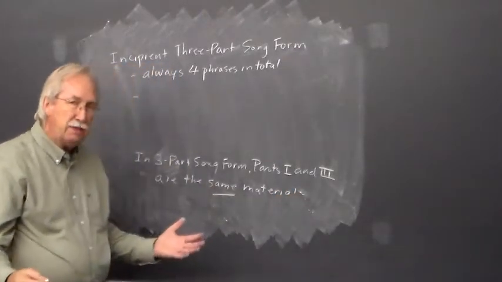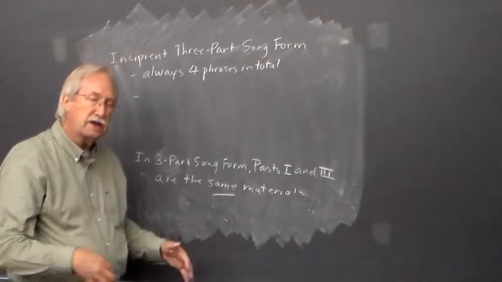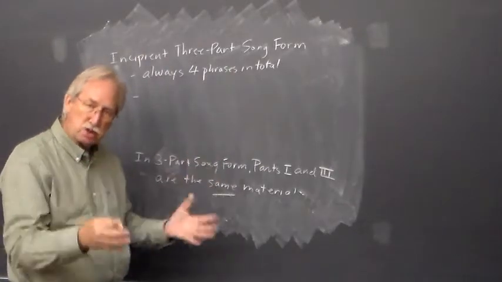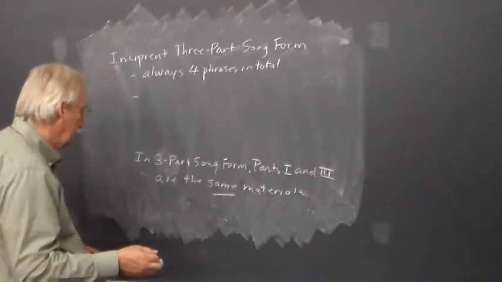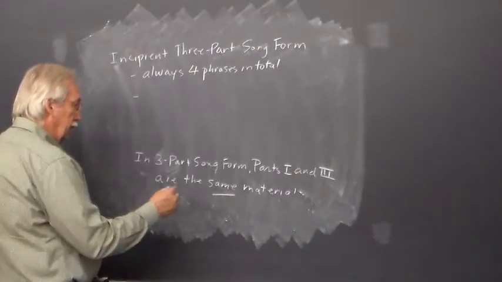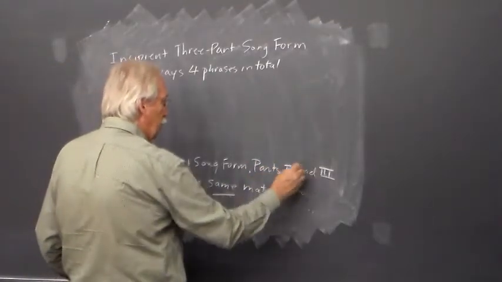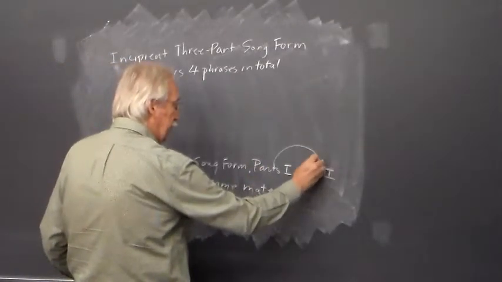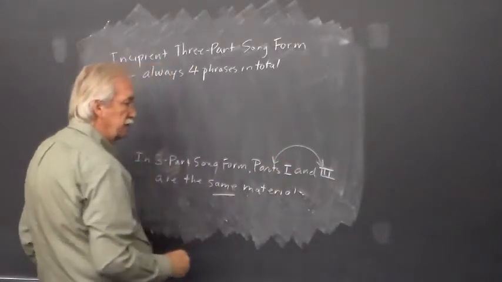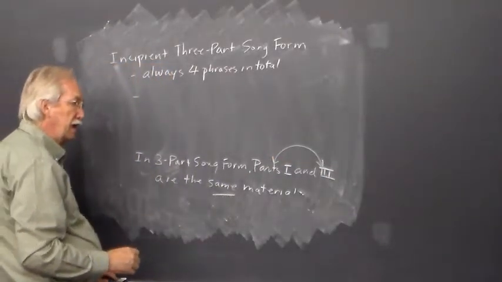So it's like ABA, okay? So it's like a rondo idea, it's just shorter. And so that is the main thing that you want to hold on to, is that parts 1 and parts 3 are the same.